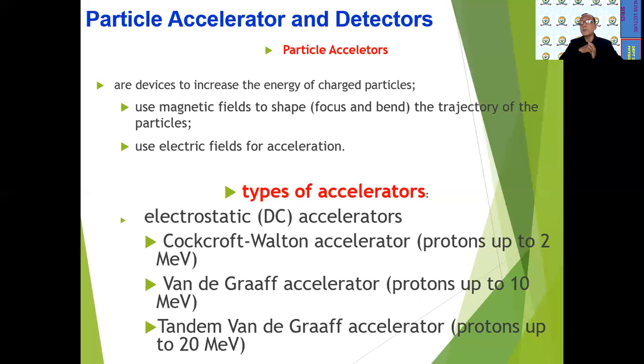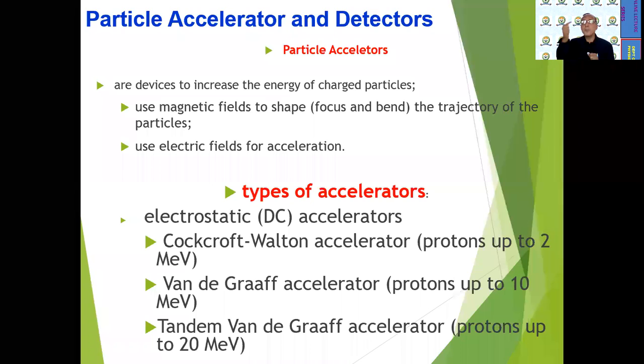Are you getting what I am going to say? That means we want a nuclear reaction to happen and we want the rate of reaction to be high. To increase the rate of reaction, the energy of the particles which we use to cause this reaction should be high.